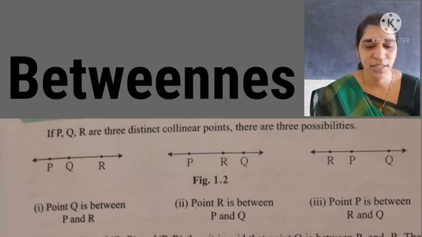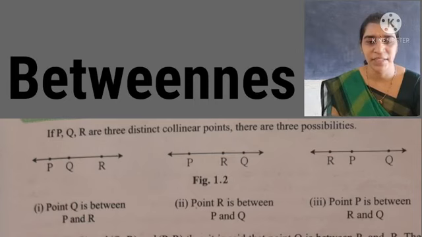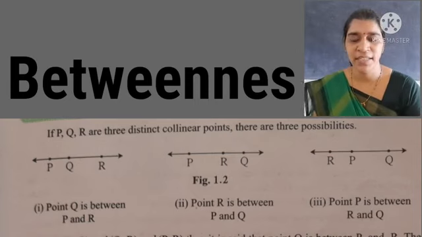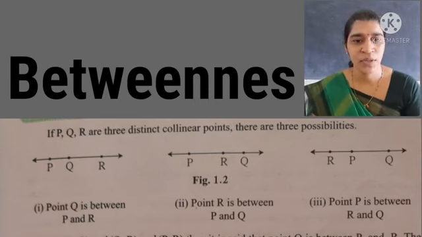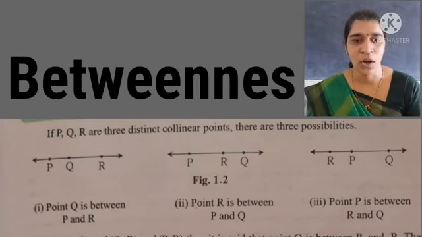So this is day 4. We have covered coordinates, distance and betweenness. The exercise is given on this day also. I show all the exercises. You solve all these exercises in your notebook.